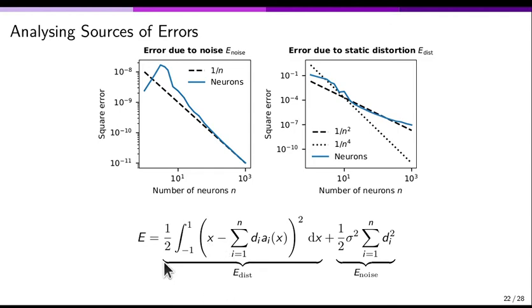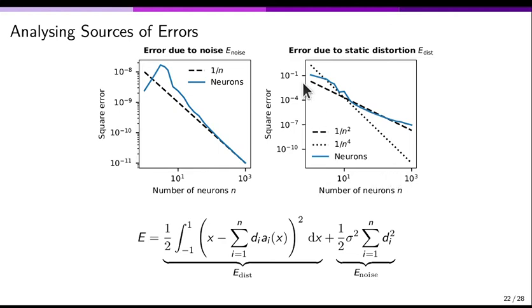So there is some distortion just due to the fact that we are taking an X value, encoding it in a bunch of neurons, and then trying to extract that back out linearly. That's this plot over here. What I'm plotting here is what happens to this distortion as you increase the number of neurons.